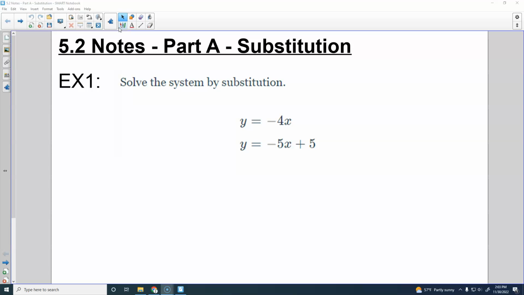And Aiden did this yesterday. So Aiden, what did you do yesterday to figure these out without having to graph them? Good. So both of them are equal to y, so that means they are equal to each other, right?